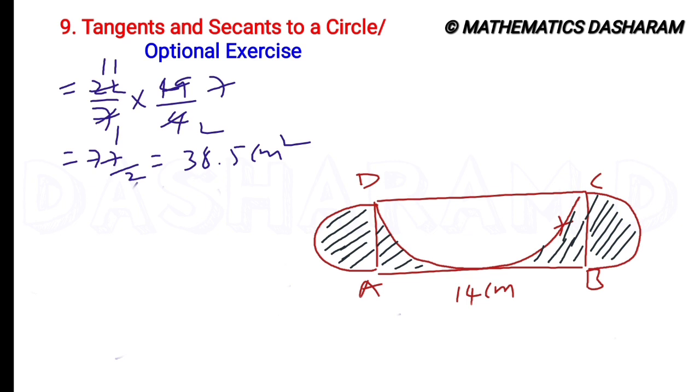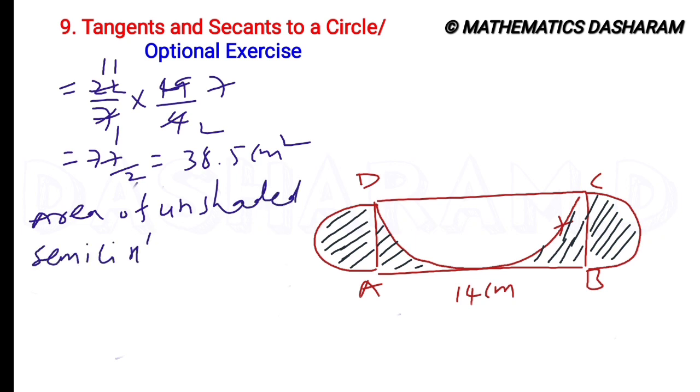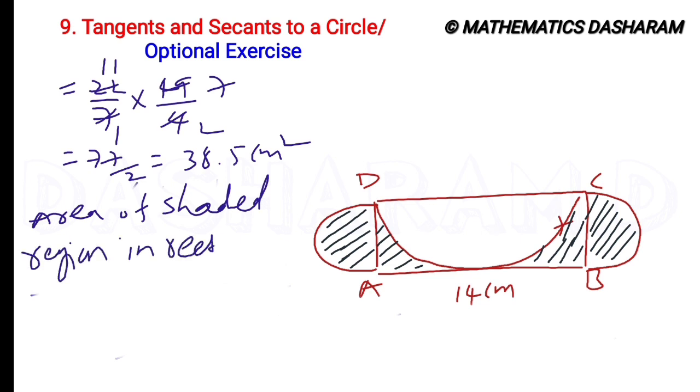So it is better to find the area of the shaded region only in the rectangle.